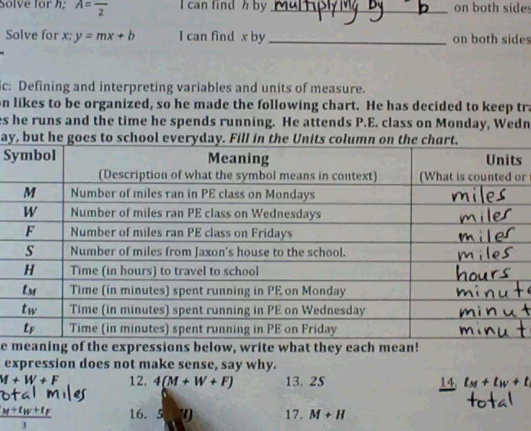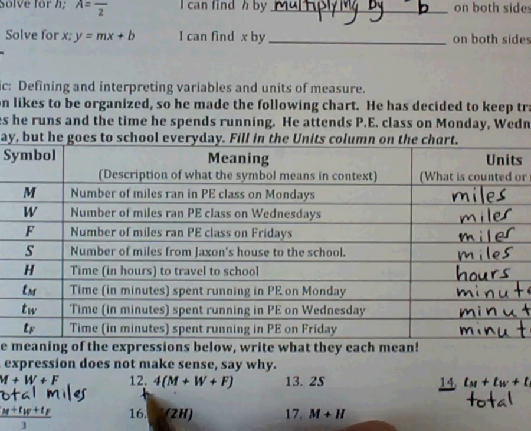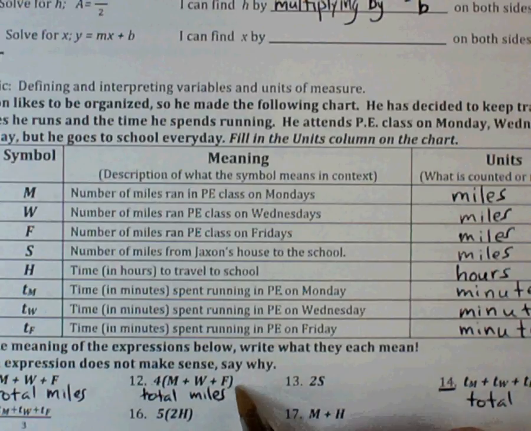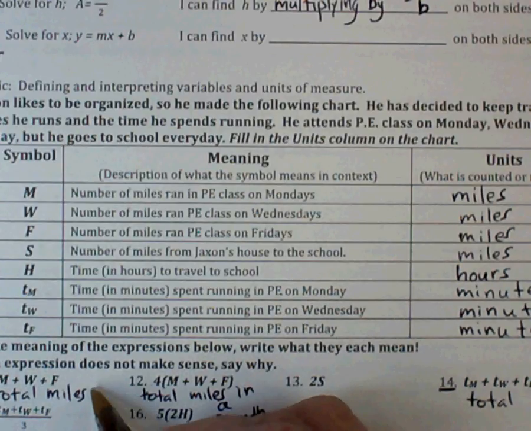What about this one? It's 4 times the total miles. Oh, well, I can make sense of that by thinking that there's 4 weeks in a month. So total miles in a month. So over here we have to go back and put per week.